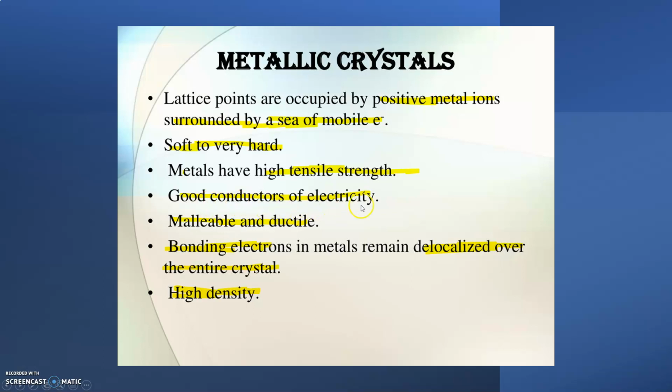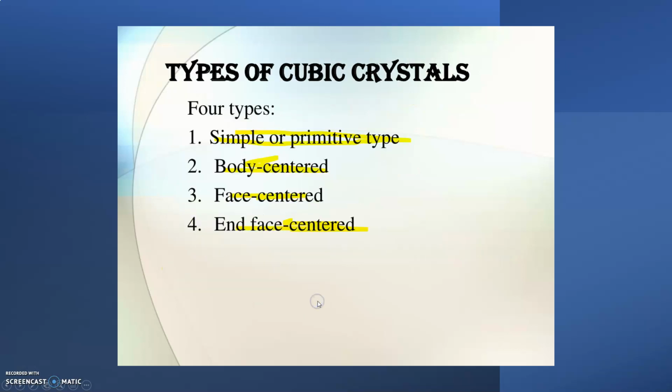They are good conductors of electricity because of this sea of mobile electrons. They are malleable and ductile. The bonding electrons in the metal remain delocalized over the entire crystal, and they have very high density.